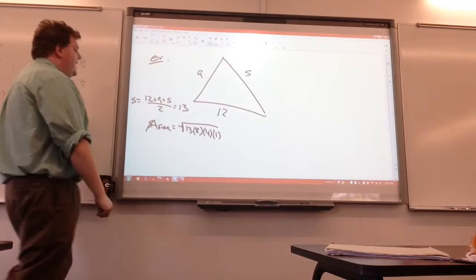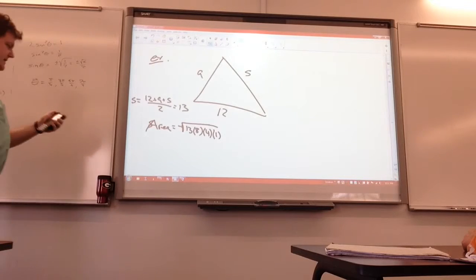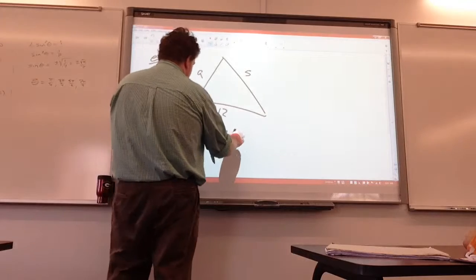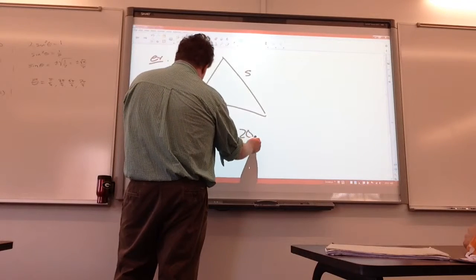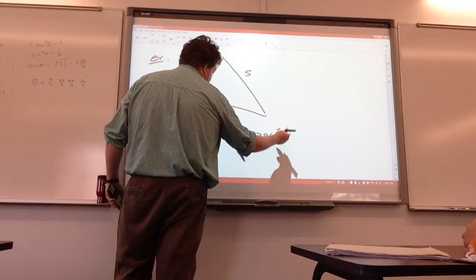You just enter that in the calculator: 13 times 8 times 4 is 416. Take the square root of that. The area is approximately equal to 20.396 units squared.